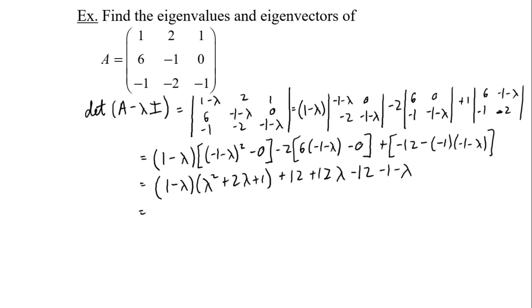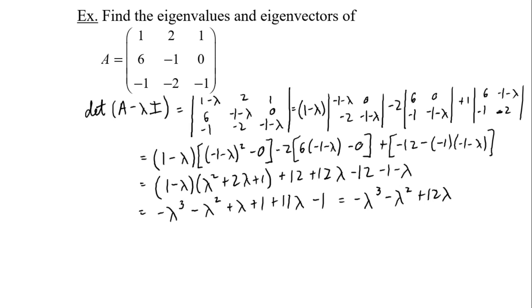Okay, cleaning this up even more, we get negative lambda cubed minus lambda squared plus lambda plus 1 plus 11 lambda minus 1. And if I combine all the terms, we get negative lambda cubed minus lambda squared plus 12 lambda, and the 1's cancel.